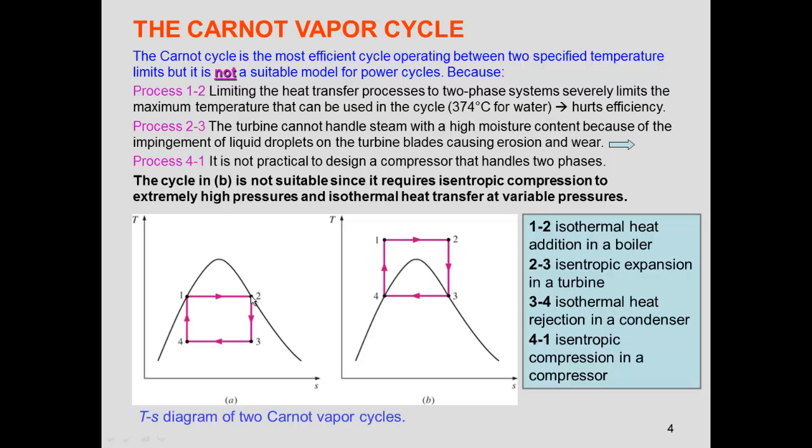The tips of the blades are at very high speed, especially the last ones, since we need to accommodate expanded vapor. The rotor will be bigger, so we can get problems, because if we have two phases, which we have all along this line, the droplets of liquid will impinge on the blades, and they will create corrosion and wear.